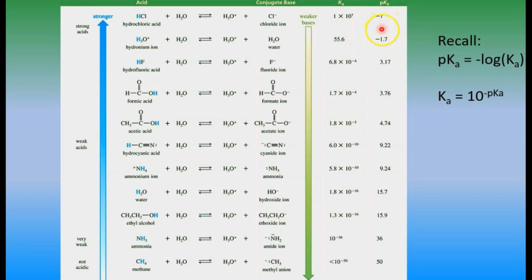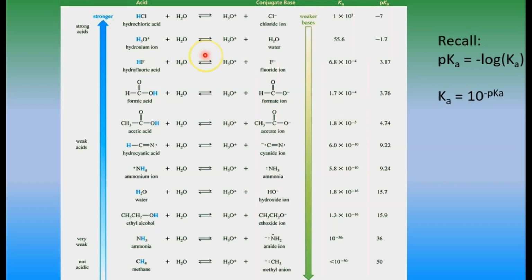Well, science has actually found a way to assign a number. It's kind of weird, 10 to the negative 7. Notice, if you take the negative log of 1 times 10 to the 7, you'll get negative 7. And this entry in this table is kind of interesting to me.